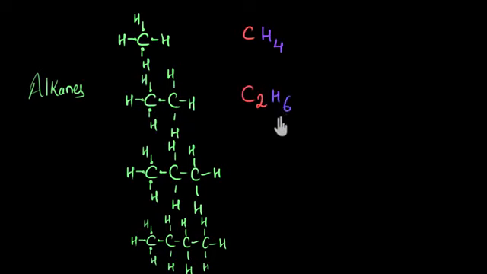Similarly, can you pause the video and try to find out the molecular formula of these 2 molecules? Now that you have tried it, let's see. This one has 3 carbon atoms, so C3, and it has 8 hydrogen atoms, so C3H8. Similarly, this one has 4 carbon atoms, so C4, and it has 10 hydrogen atoms. C4H10. This is going to be its molecular formula.